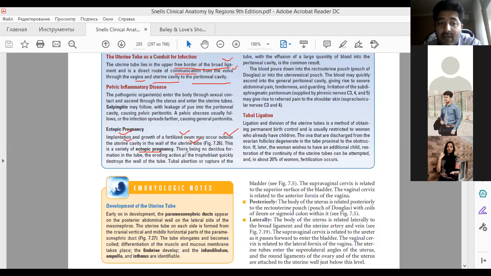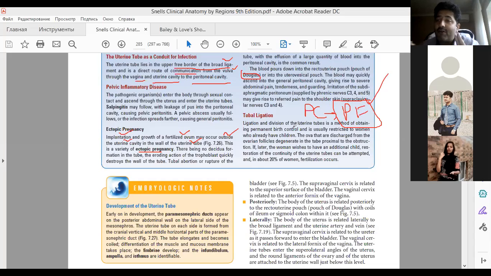And sometimes this blood can enter into the pouch of Douglas, which is present between the uterus and the rectum. So you have to remove it by doing the posterior colpotomy procedure or culdocentesis. Why posterior colpotomy? Because you are entering through the posterior fornix of the vagina.